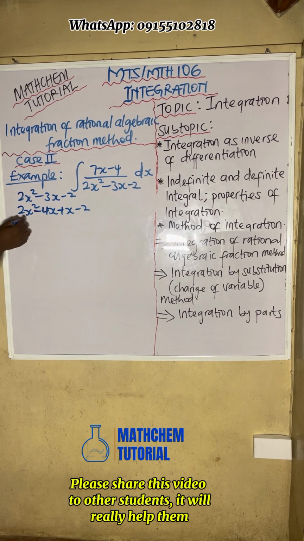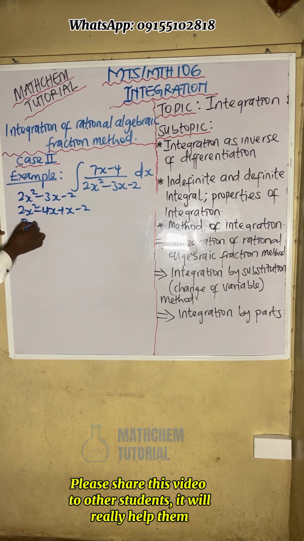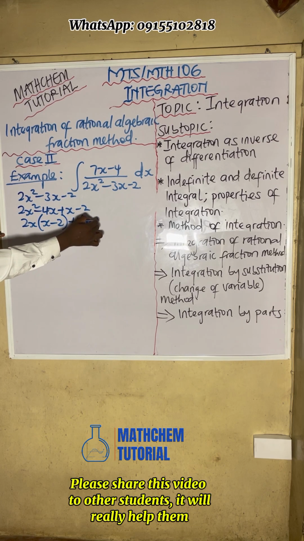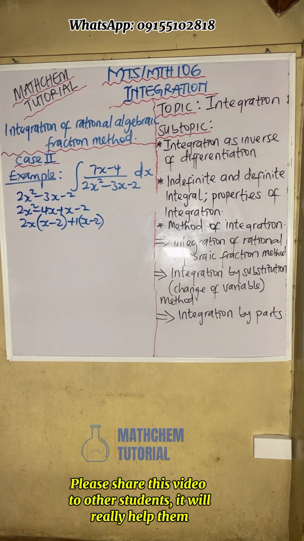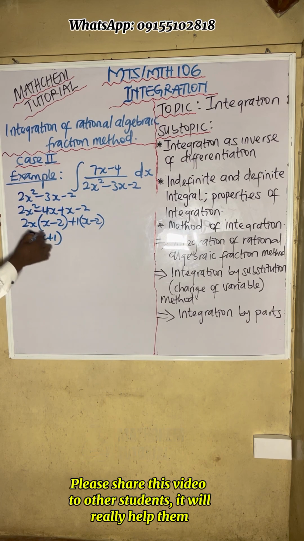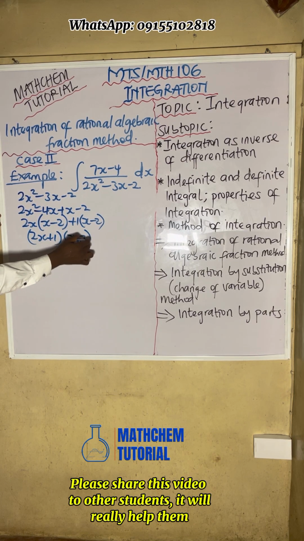So finally, we can say, okay, 2x is common here, open bracket x minus 2, then plus 1 bracket x minus 2. After having that, we can now have it as 2x plus 1 and also x minus 2.